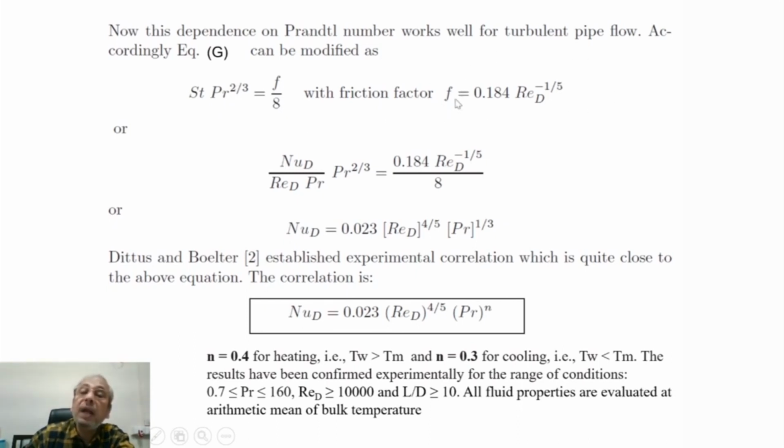And friction factor value we can still take 0.184 into Reynolds number to the power minus 1/5. So here we write Stanton number, that is Nusselt number by Reynolds number into Prandtl number, then Prandtl number to the power 2/3 equal to f by 8. f we substitute by 0.184 into Reynolds number to the power minus 1/5 by 8.